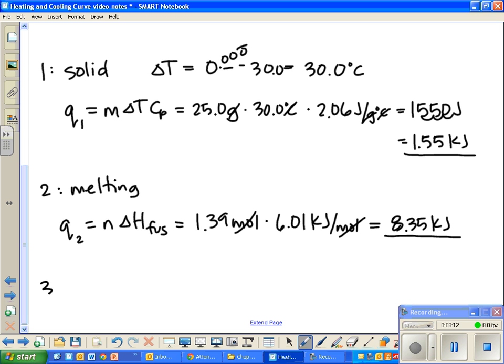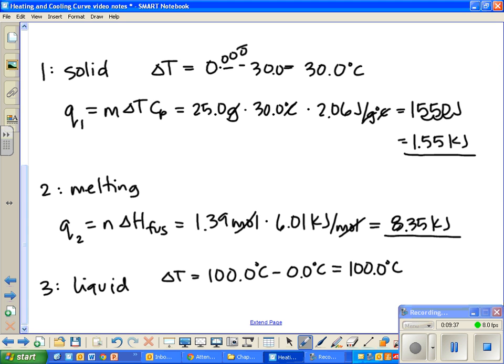Section 3 is when it is a liquid. So here the temperature is increasing, so we have to calculate our change in temperature. We're going from 0 to 100, so we're going to do our final 100, and like I said before, it's going to have as many sig digs as we need as exact, minus 0. So this will be 100 degrees Celsius. I'm just going to put the 0.0 for extra sig digs. I won't need 4. My other numbers don't have 4.